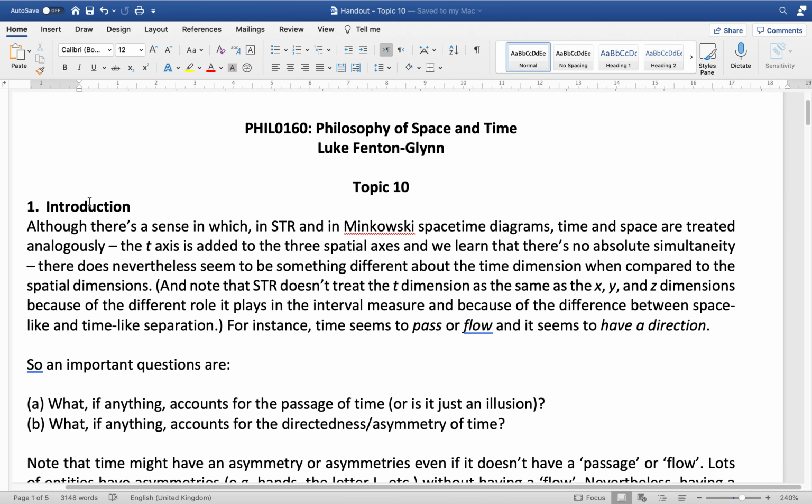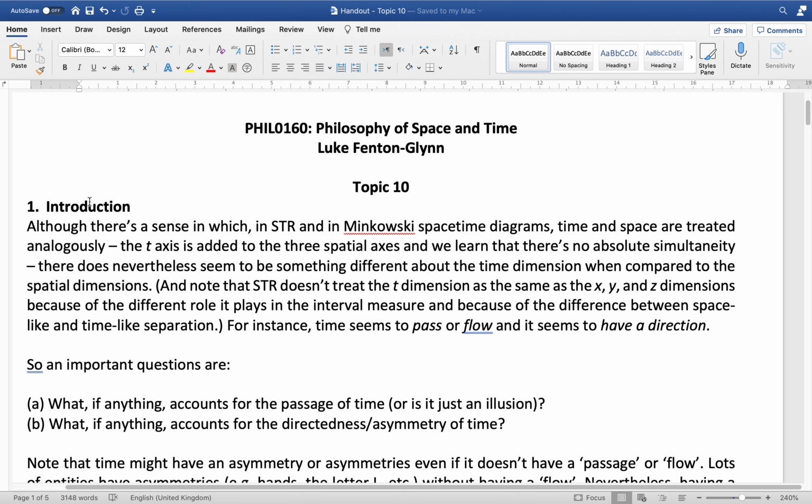Well, actually, you don't include all three spatial axes. Normally, you suppress one or two of them in your representation. But nevertheless, the t-axis seems to be treated somewhat analogously to the spatial axes.